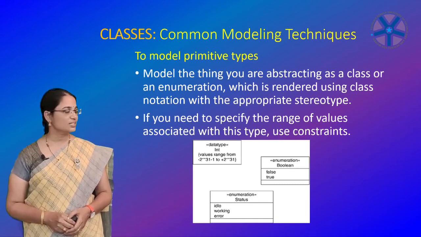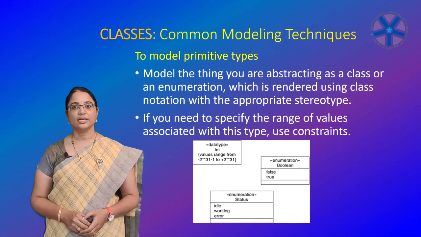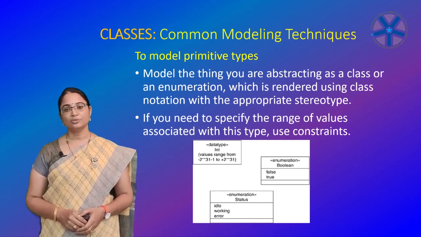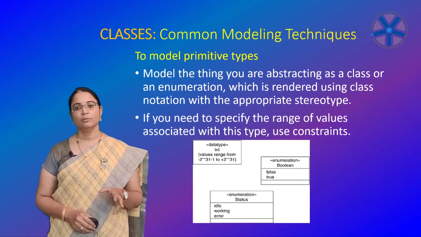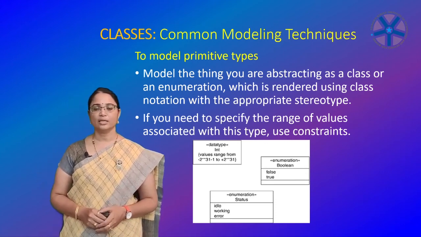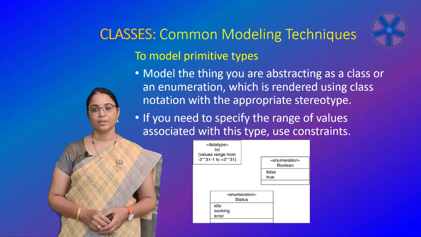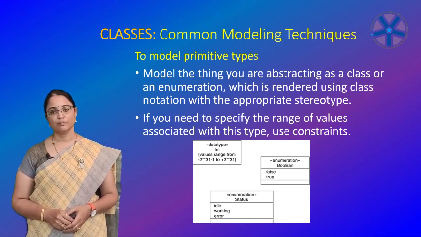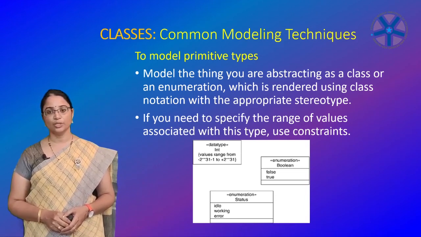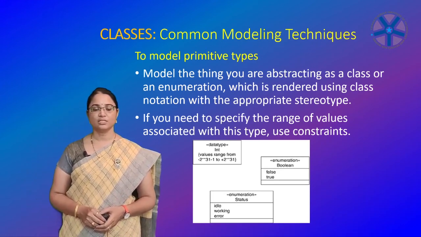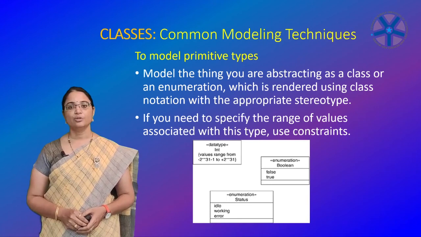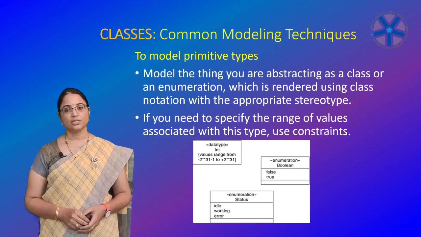Here, in the example, I have considered a data type int. The range of the int is from minus 2 to the power of 31 to plus 2 to the power of 31. That is what I can represent by using this constraint. And for enumeration, you can use Boolean, with true or false as the values. Again, if you take the status, what is the status of working?